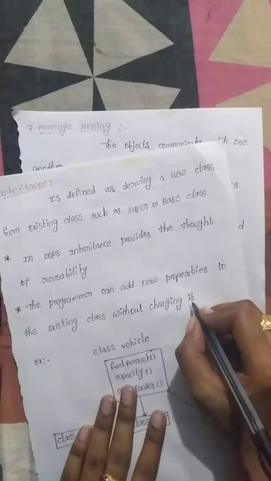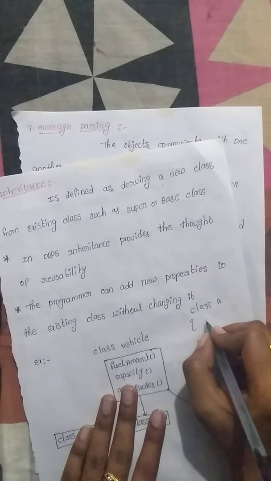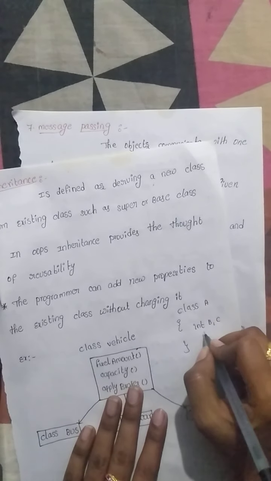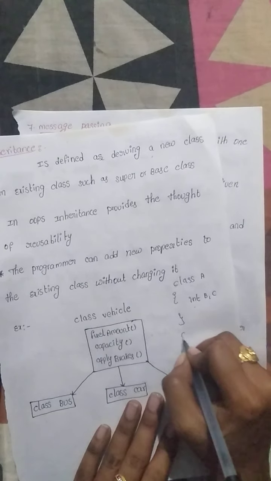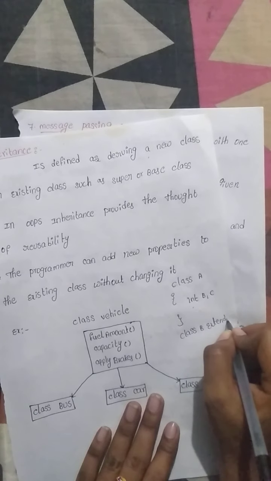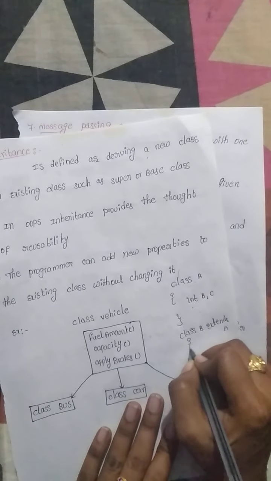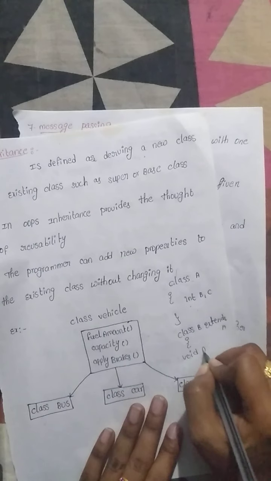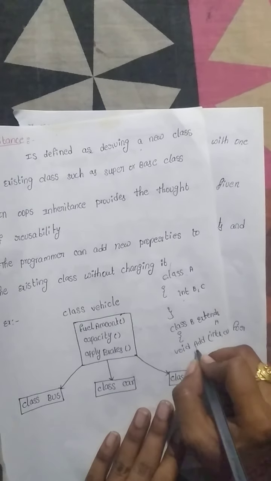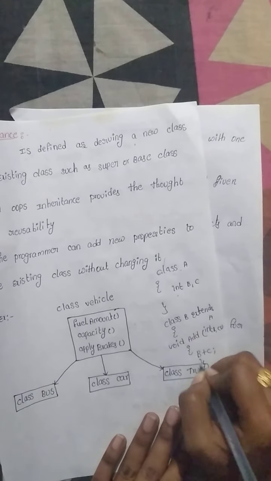Here we take one example. Class A, in this we take two variables B, C. Next we take class B extends A. Here extends means we take properties from class A. So void add, int B, C. Here the B plus C operation will be performed.